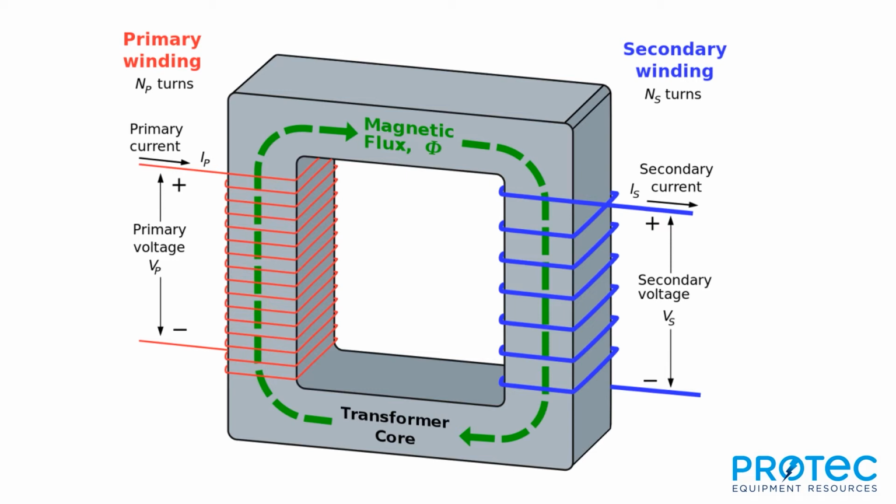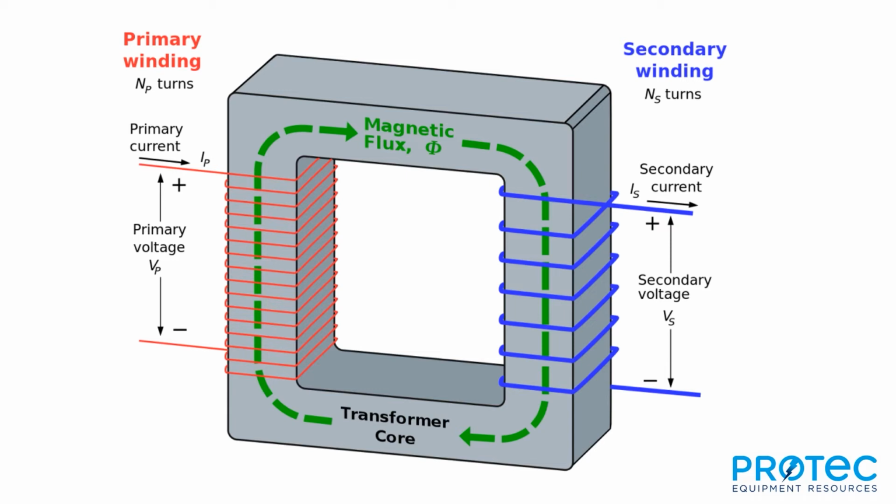The ratio of the primary turns in relationship to the secondary turns is approximately equal to the ratio of the primary voltage being applied to the secondary voltage output. Our transformer turns ratio comes not so much from an electrical circuit as it is an electrical to magnetic transformation.